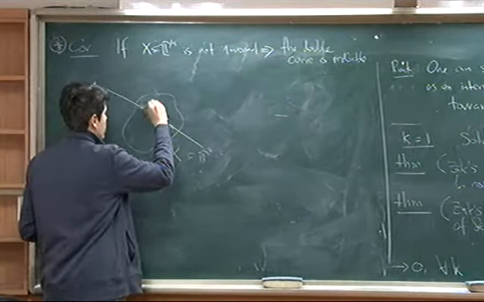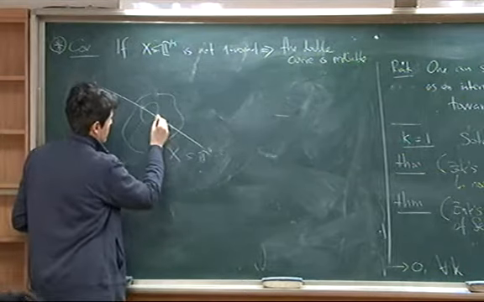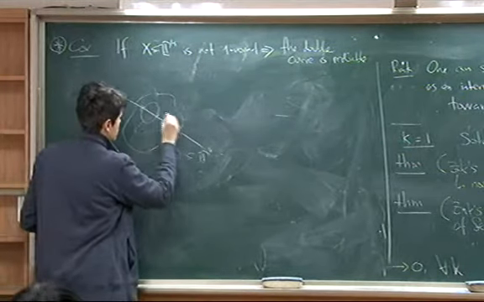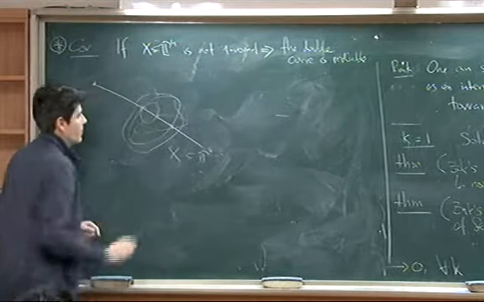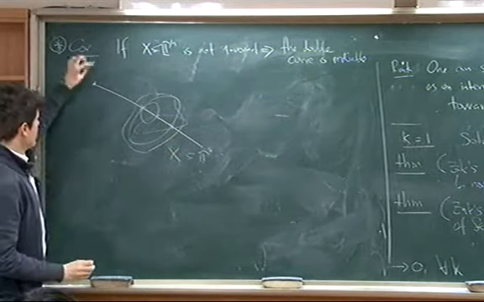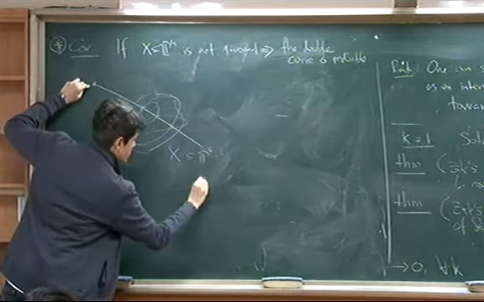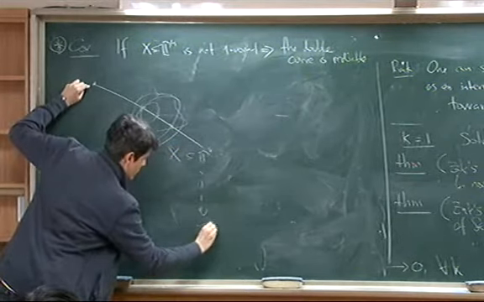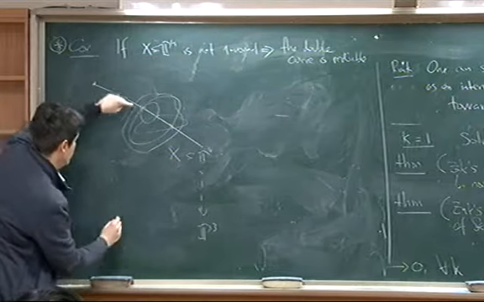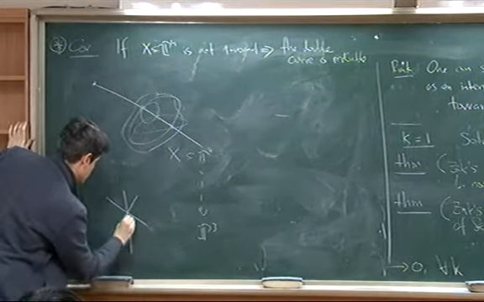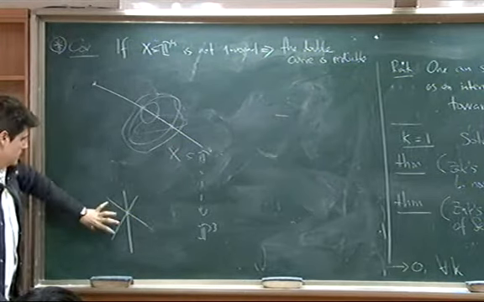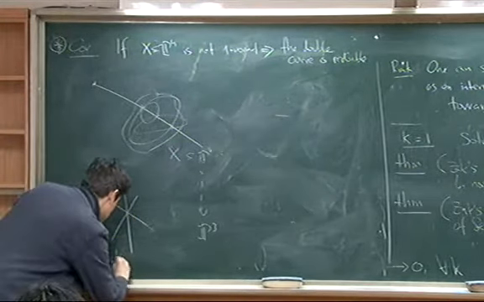So there is a conic here, there is a conic here, and there is a conic here. So when I project from this point into P3, this triple point corresponds to this picture. This is the double curve.